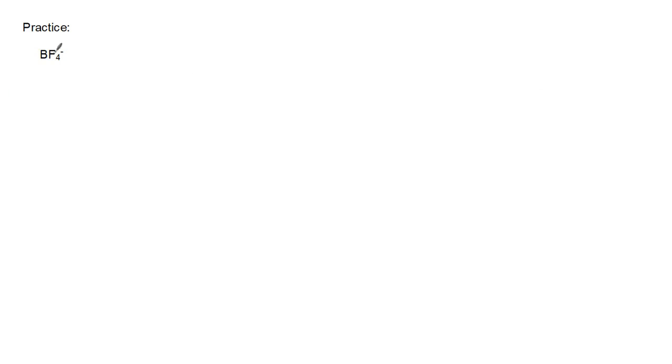So we're going to try BF4 right now. B, F, F, F, F, with the central atom written in the middle, right? And how many electrons does this have? B is boron, so boron has 3.